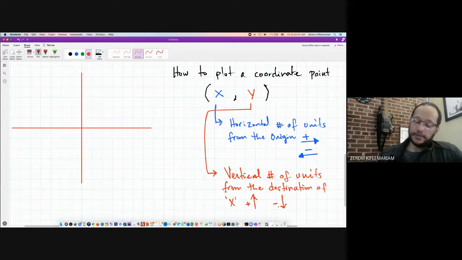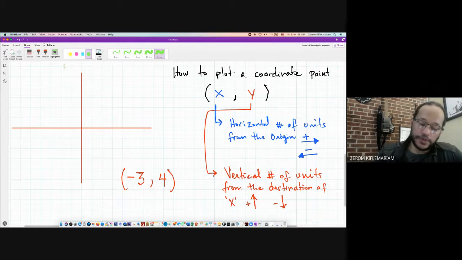So if we use an example, let's say, how do I plot -3 and 4? According to what we are talking about, x is the horizontal number of units from the origin.